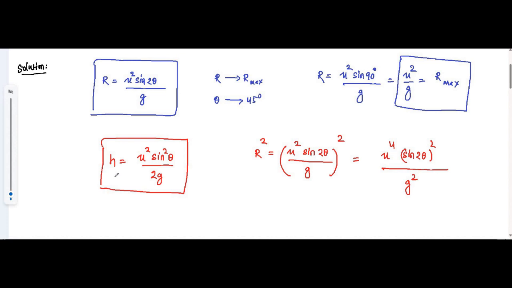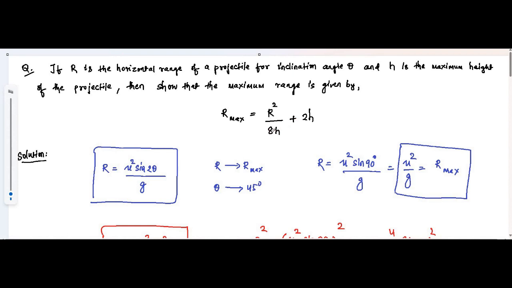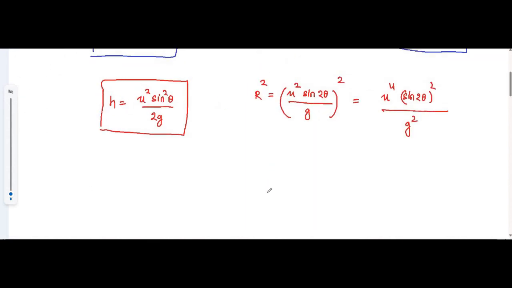Okay, then 8h, I'm individually calculating these things for representing them in terms of their individual expressions. 8h is equal to 8 u square sine square theta by 2g, and 2h is equal to 2 u square sine square theta by 2g.